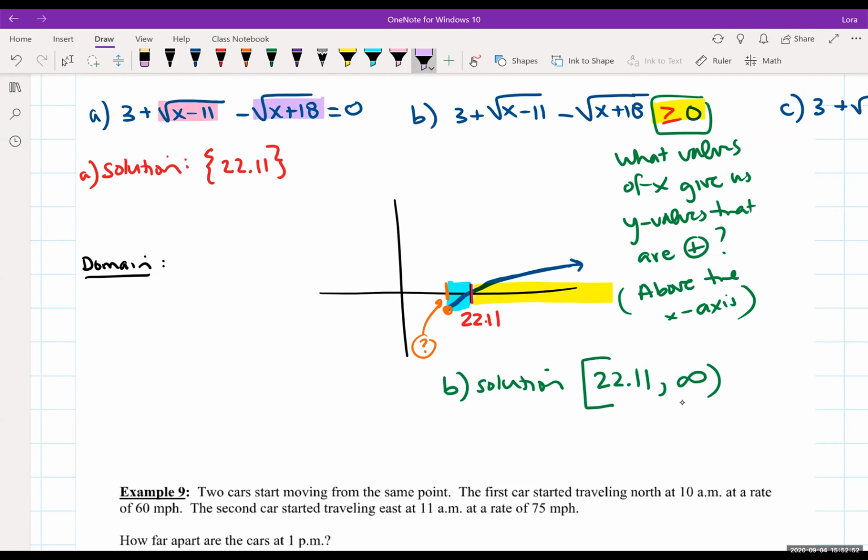So we have to account for both of these at the same time. What you're doing in both cases is setting the radicand greater than or equal to 0. So x minus 11 must be greater than or equal to 0. And at the same time, in the square root of x plus 18, the x plus 18 part has to be greater than or equal to 0.